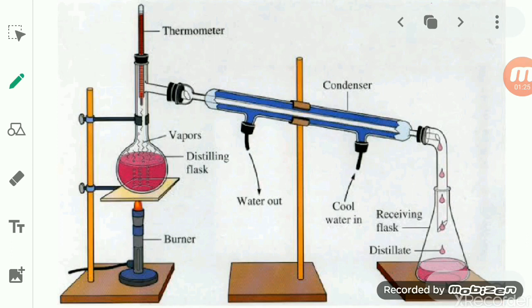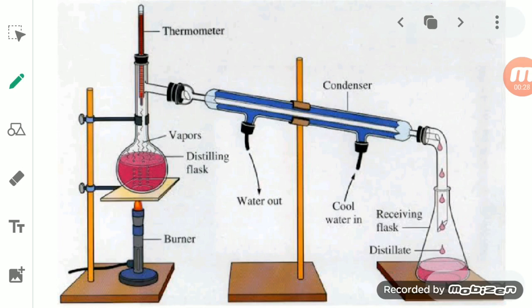In the process of evaporation, there is a drawback that we cannot get back the liquid substance again. It means that when you heat a liquid mixed with a solid, you will not get back the liquid, because as you heat it, the liquid gets converted into vapor, and that vapor evaporates into the atmosphere.